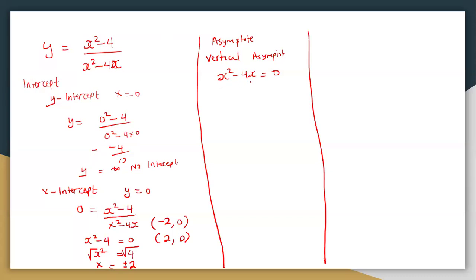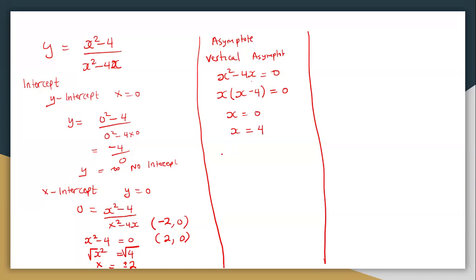Factorize what is common here and here. We'll have x into x minus 4 equals 0. So we'll have our x equals 0, then we'll have x equals positive 4.